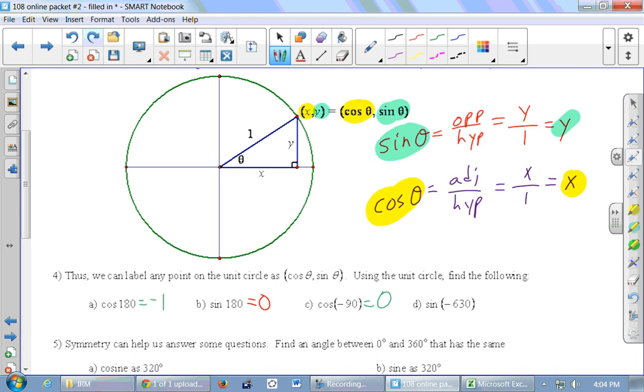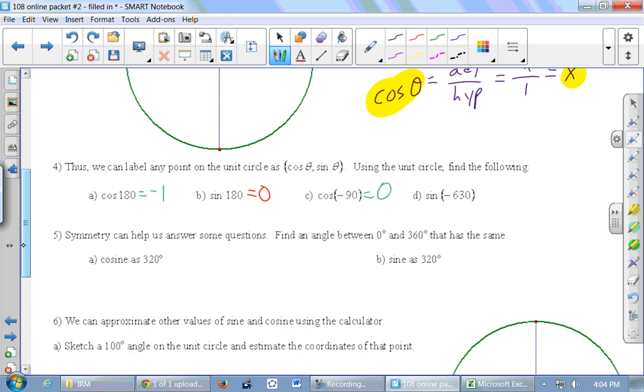Okay, sine of -630. So -630 must be some nice angle, but it's in disguise. So what if we add 360 to this number? If you add 360, it's still going to be negative. So how about we add 2 360s, or 720? That will be our way to get something that's positive. So add 720 to that. Oh, 90 degrees. Isn't that nice?